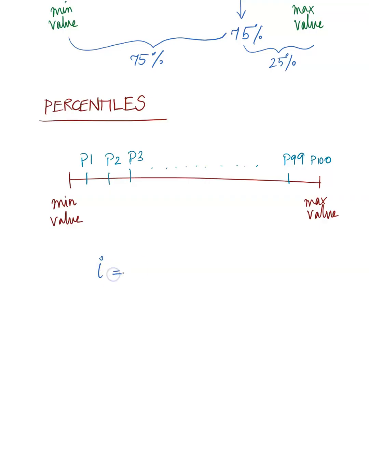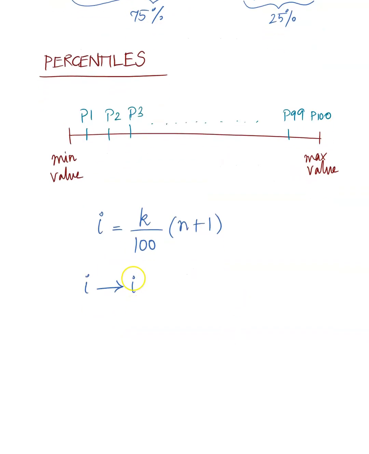I equals K over 100 times N plus 1, where I stands for the index or the position of a data value, because you're ordering it. So there will be a position. If I say that's the 5th position, then if I equals 5, it means we're talking about the 5th position of the data value. So, index or the position of the data value.